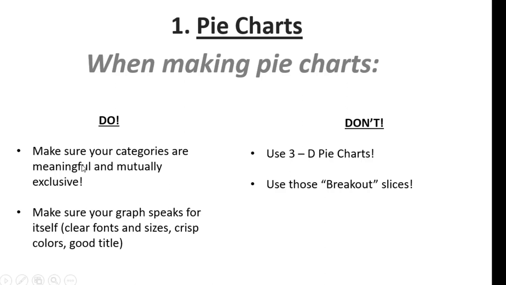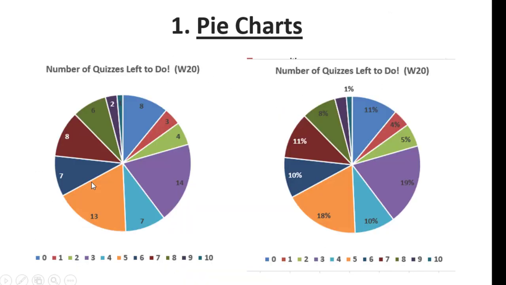And you're going to hear me repeating these words quite a bit as we go through making bar charts and line graphs. Make sure when you pick your categories they are meaningful and mutually exclusive. For example, for mine, my categories are numbers of students who have certain numbers of quizzes left due. Meaningful to me by keeping track of that.